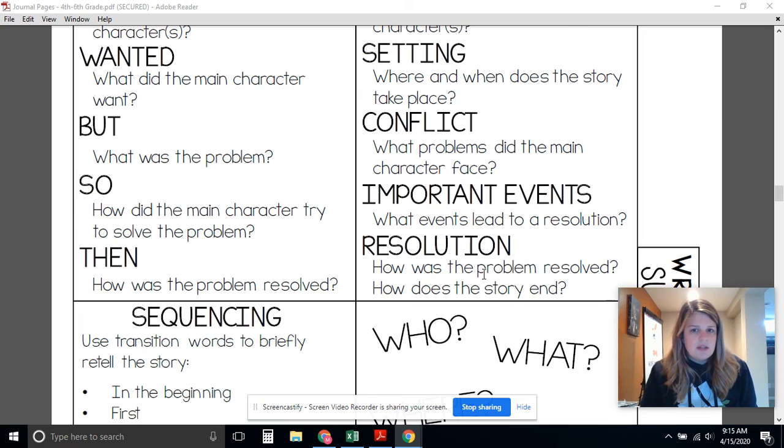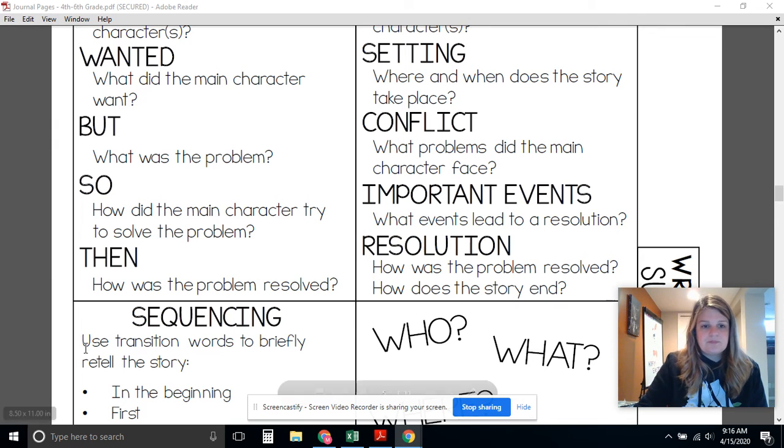They didn't really solve the problem that they were trying to stop Thanos because Thanos won. So there wasn't a resolution in Infinity War, but there was a resolution in Endgame. So you see how you have to kind of be mindful of that.